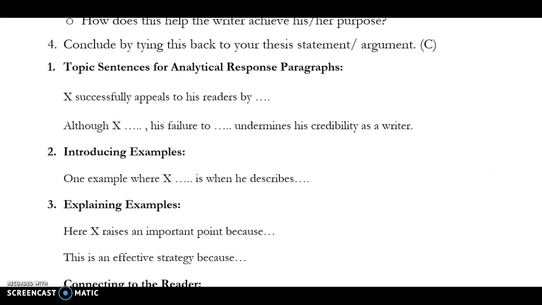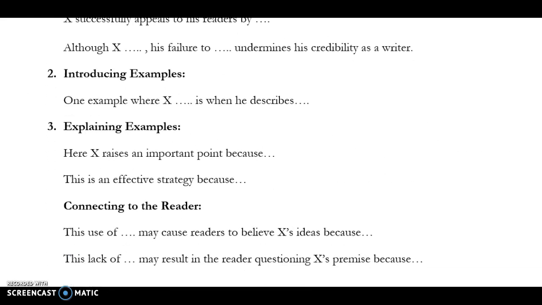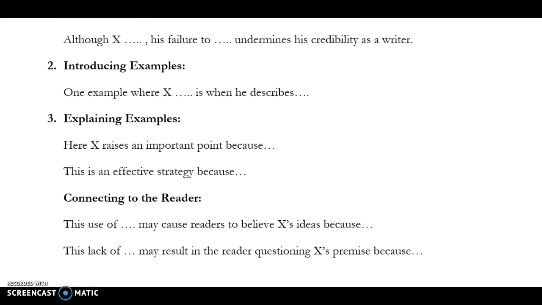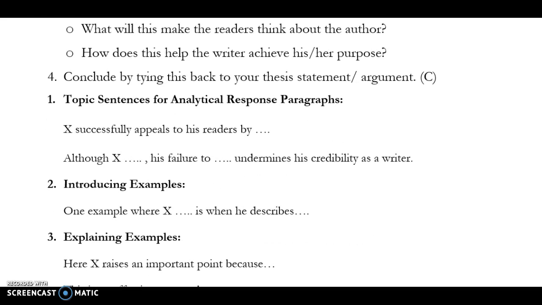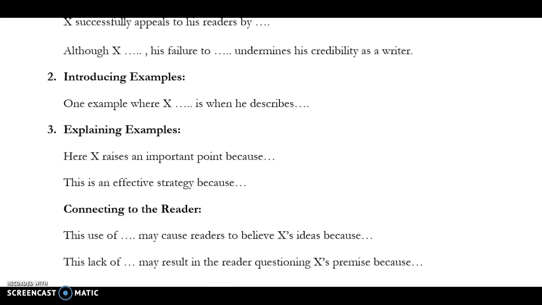As a reminder, you have these in both documents, and you also have these in your textbook. If you're having a hard time figuring out how to put all of these ideas together, these frameworks can be really helpful.